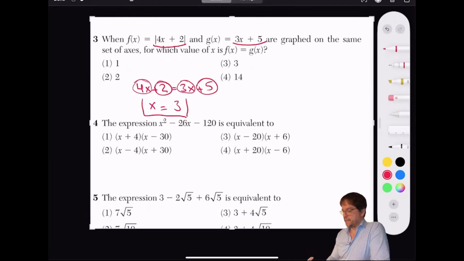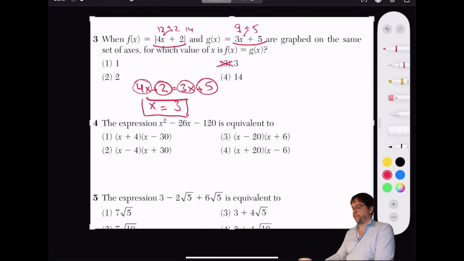So x can be 3. If you put 3 here, look, 12 plus 2 is 14. The absolute value of 14 is 14. If you put 3 here, 9 plus 5 is 14. So the answer is 3. Is that okay?